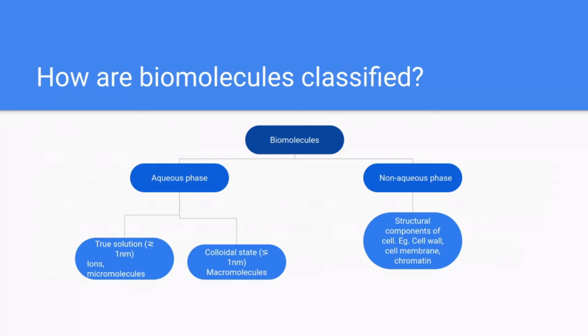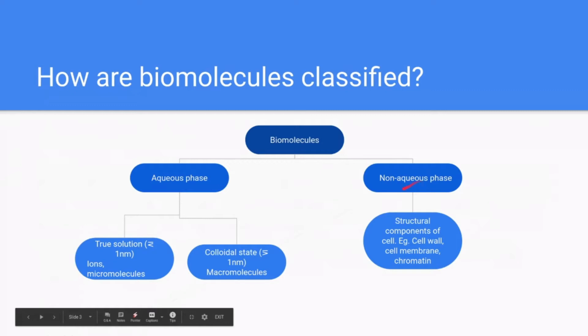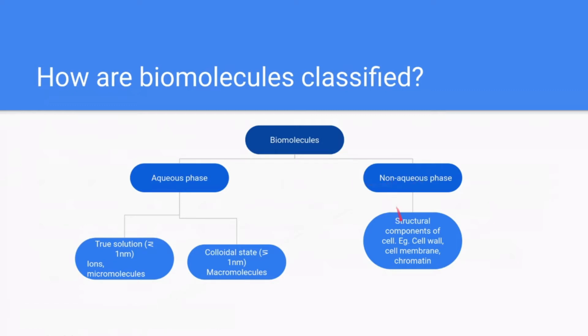The colloidal state has macromolecules such as proteins and other protein-like substances. And then you have the non-aqueous phase, which is not soluble in water, which is the structural components of cells, such as cell walls, the components of the cell membrane, chromatin, etc.